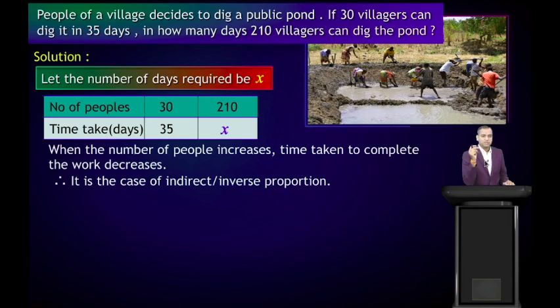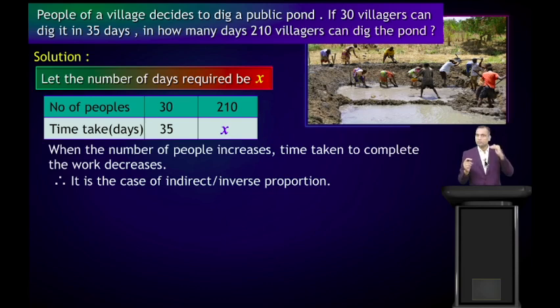Let's assume there is some pond. 30 people are engaged in work and they dig the pond in 35 days. But if there are more people, say 210, will it take fewer days or more days? Obviously fewer days, because there are more people.